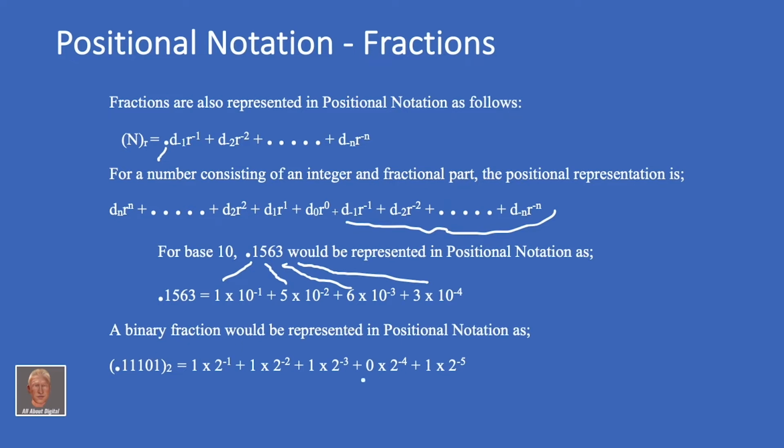A binary fraction would be represented in positional notation as, for example, 0.11101 base 2 would be equal to 1 times the radix, which is 2 to the minus 1, plus, that's the first one right here. And then the second one, to the right of the radix point, would be 1 times 2 to the minus 2, plus 1 times 2 to the minus 3, plus here's the 0, times 2 to the minus 4, plus 1 times 2 to the minus 5.